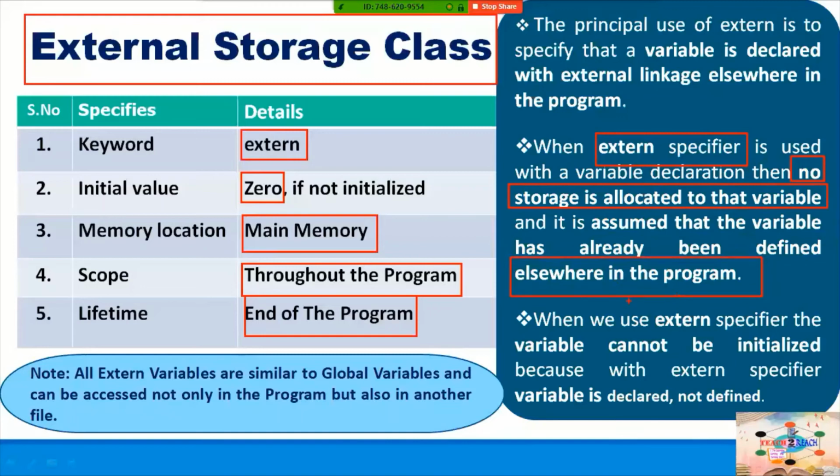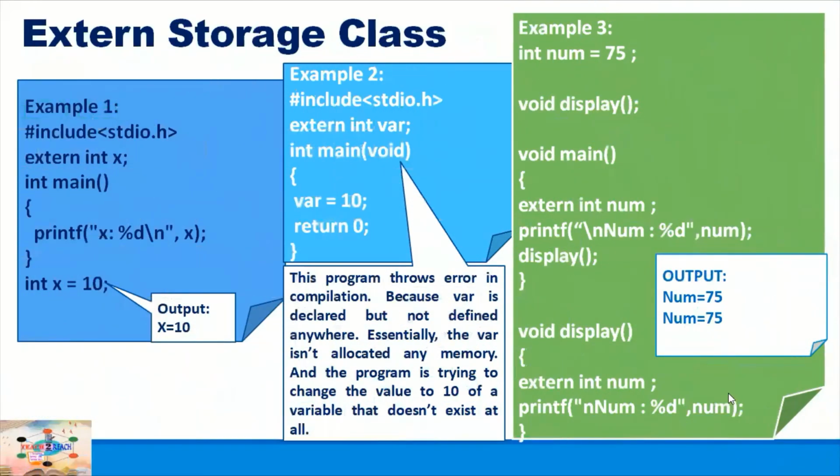When we use the extern specifier, the variable cannot be initialized, because with the extern specifier, the variable is declared, not defined. We need to keep this particular point in mind. All external storage class variables are also called global variables. We will see one example.